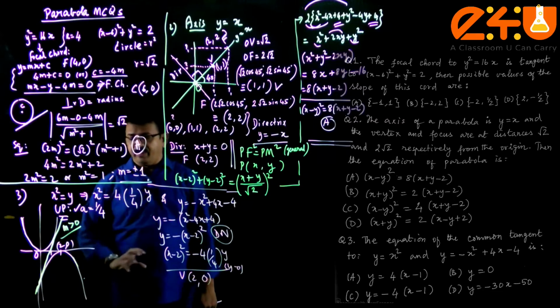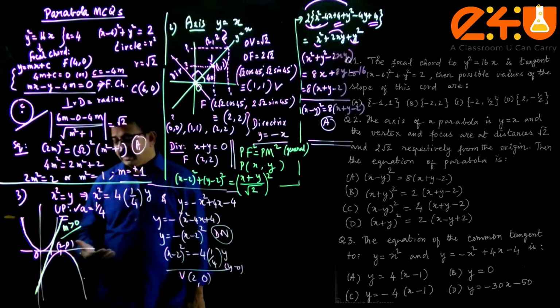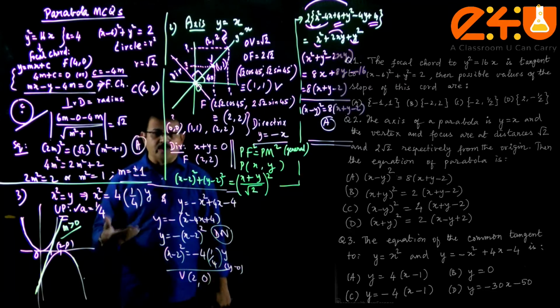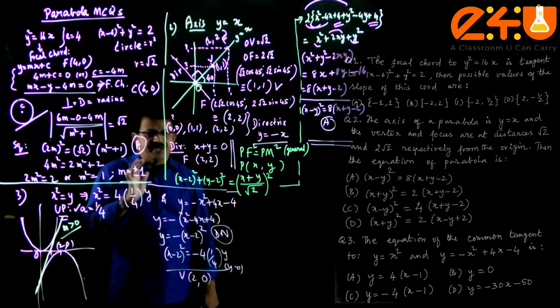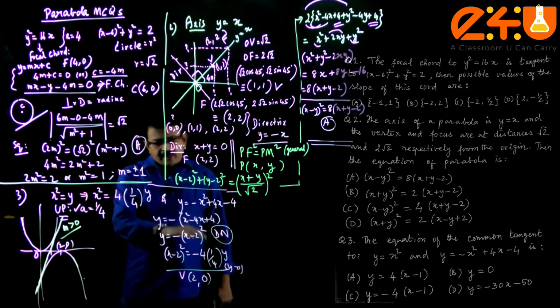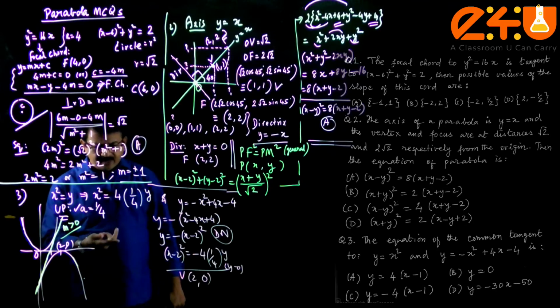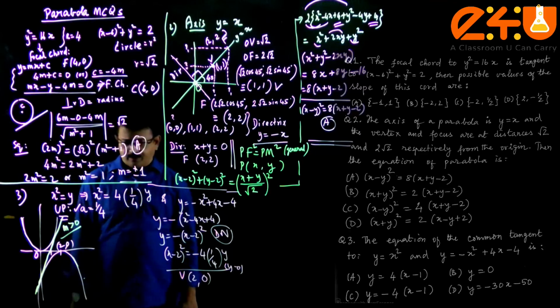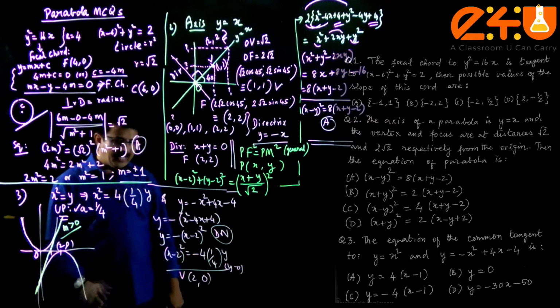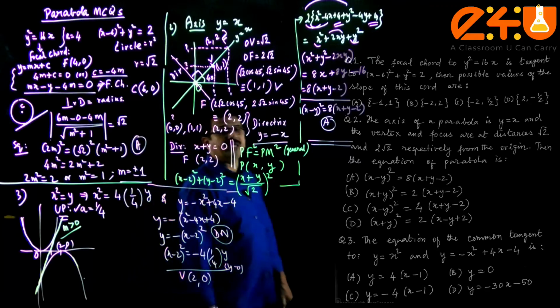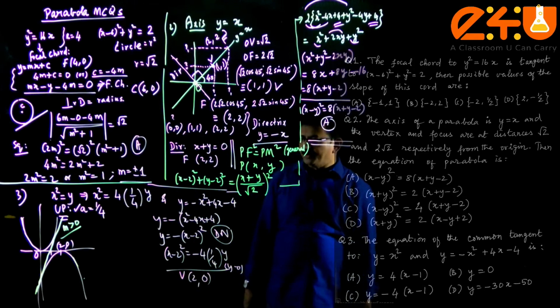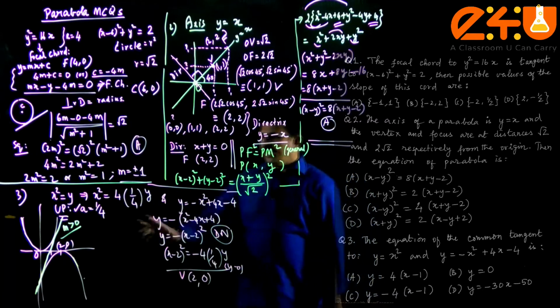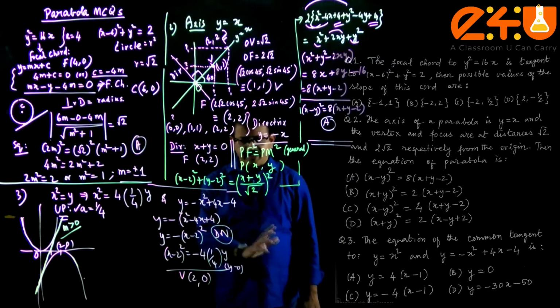We are not choosing it because it is, we say, trivial. The tangent at vertex, usually we consider it the trivial case. The other one, option C, y equal to minus 4 times x, which means slope is negative, so it is not possible. And the fourth option also has y equal to negative 30x, negative slope, not possible. So the only option possible is option A.